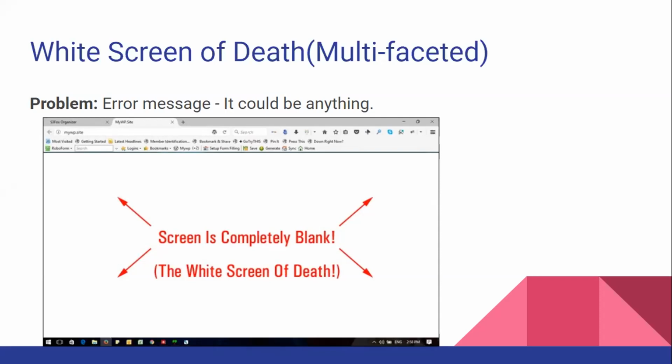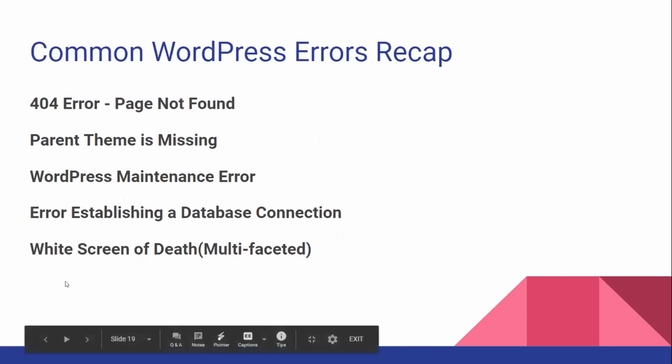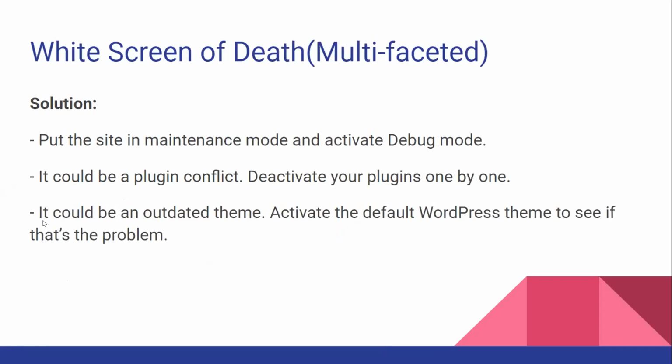My approach for troubleshooting is I normally put the site in maintenance mode. There are plugins that allow you to do that. I think it's called the Coming Soon plugin. That's one I use a lot to put my site in maintenance mode. So I put it in maintenance mode and then activate debug mode.